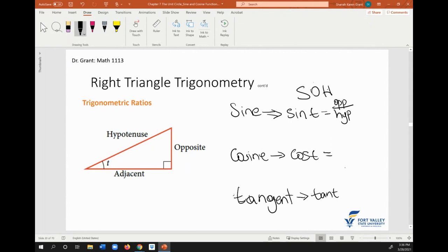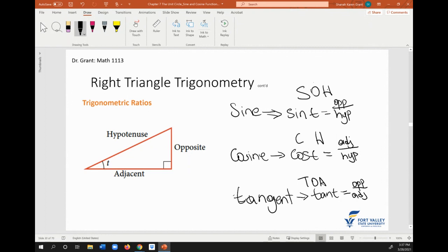Cosine of t, the ratio is going to be your adjacent side over your hypotenuse. We have an abbreviation of CAH for this one. And then tangent of t is going to be your opposite side over your adjacent. And so tan is TOA.